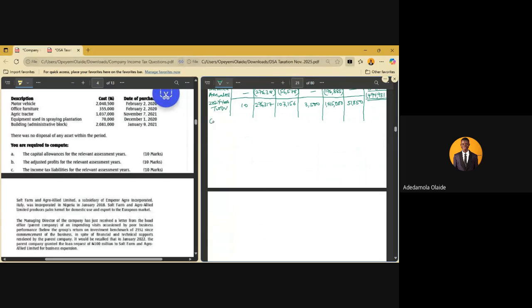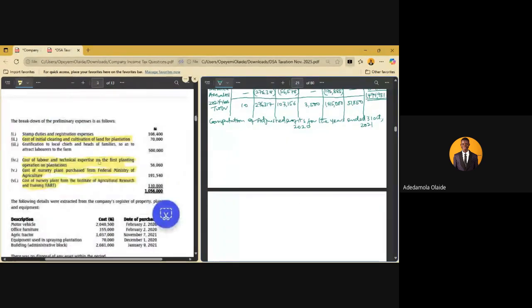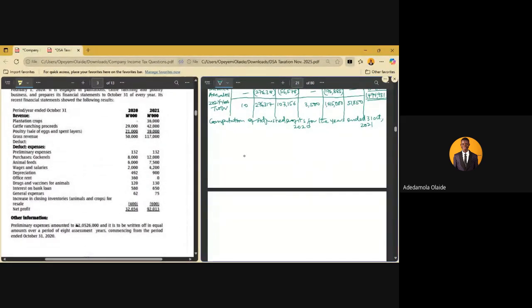So we can just say computation of adjusted profits for the years ended 31 October, we have 2020, now we go 2021. We'll start with the net profit as usual.